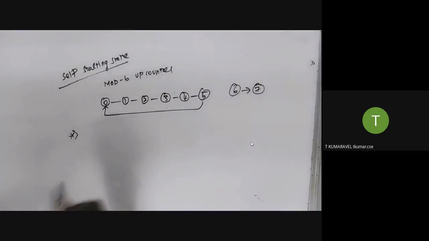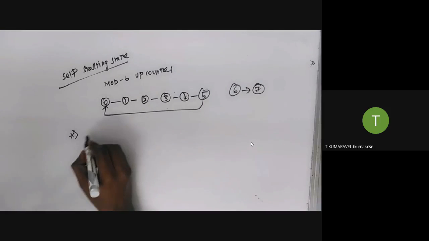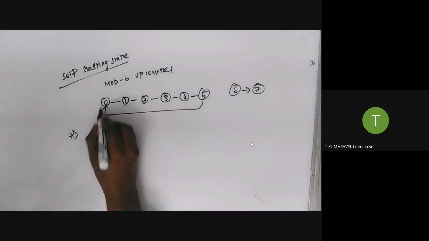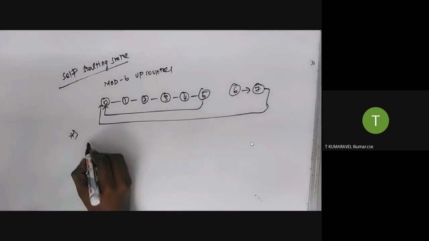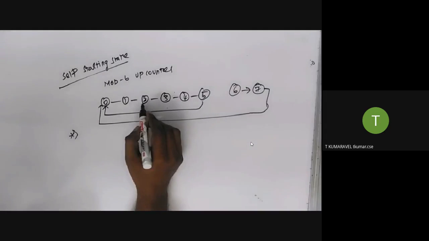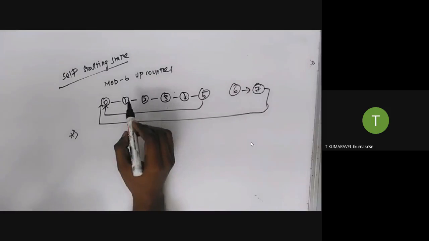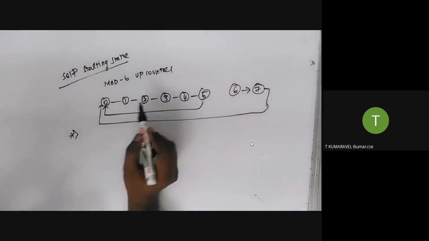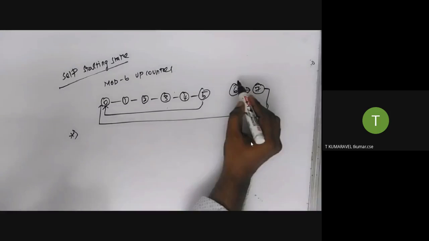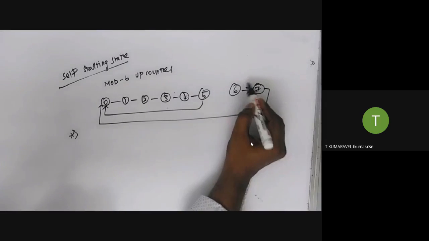So what I am trying to say is, suppose I am in state 1, if I provide a number of clock cycles, I will reach the starting state. There is no problem. Suppose I am in the 6th state.